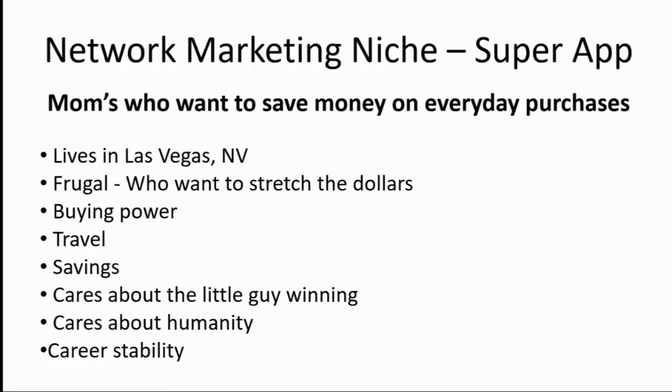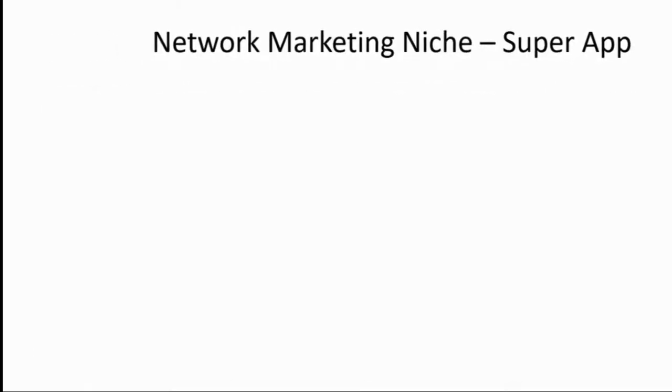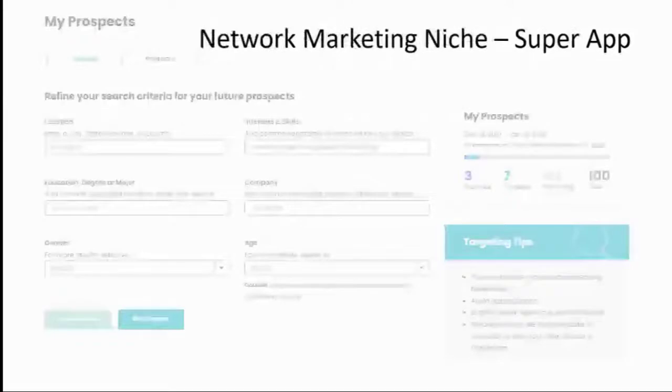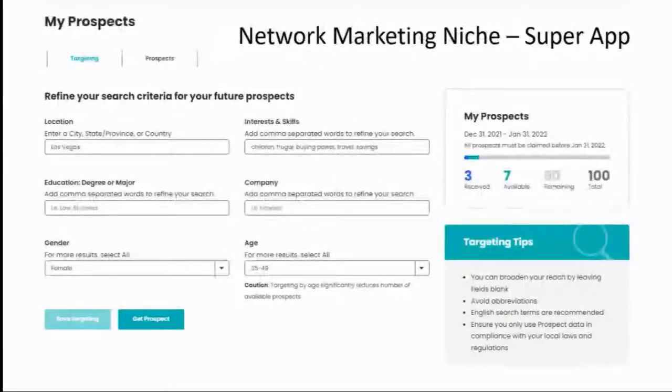So using this set of criteria, then we then went to our search tool. And within our search tool, we put in our location, we put in our search criteria. Now, this time we did use the gender field, and we filled it in because we said we wanted moms. And we want moms that are at a certain age group with certain kids.